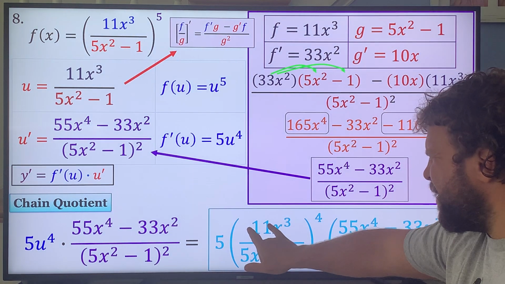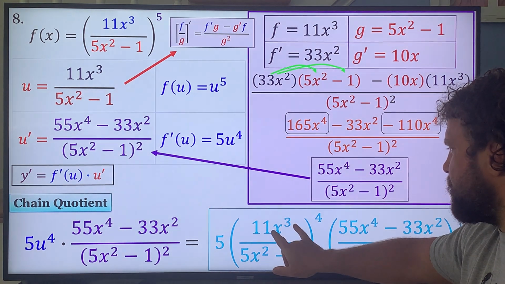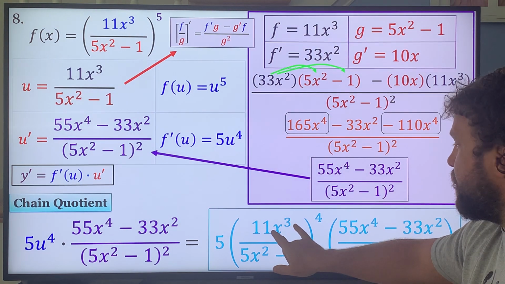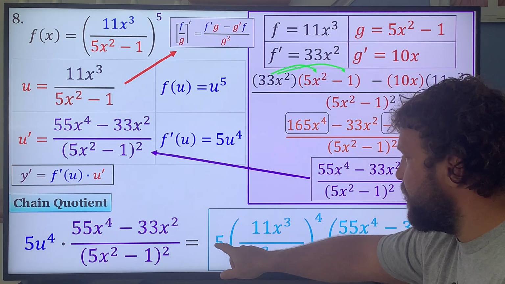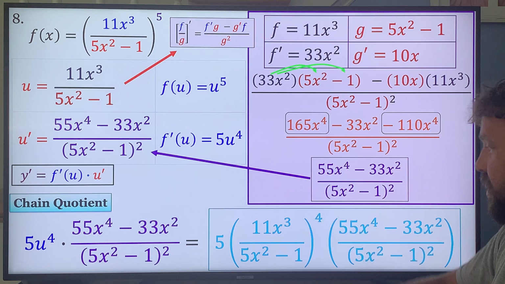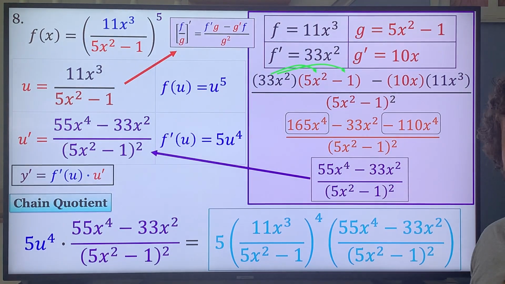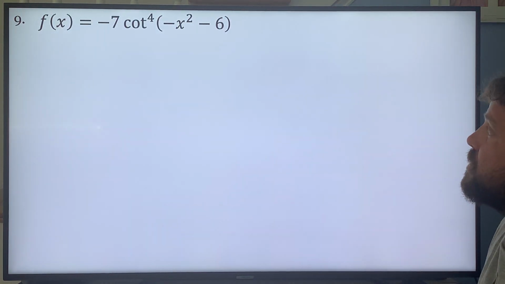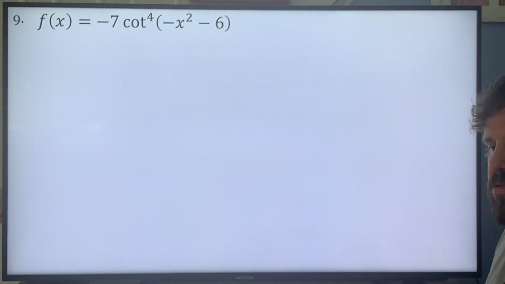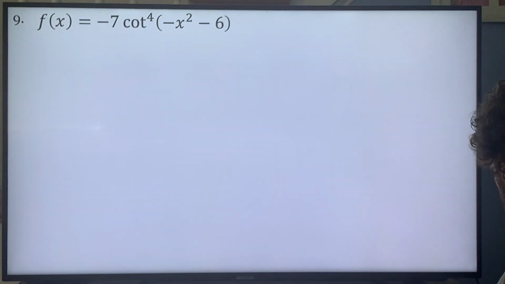And then it'd be whatever 11 to the fourth power is times x to the 12th times this times 5. And then you can put the 5 in if you want. But if you leave it like this, perfectly fine. All right. As you can see, my space constraints. All right, number 9.